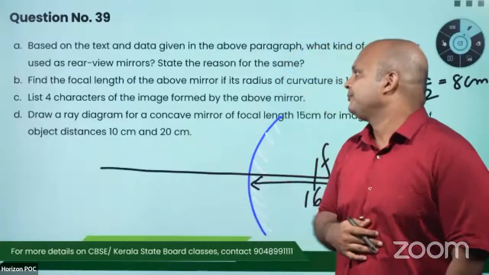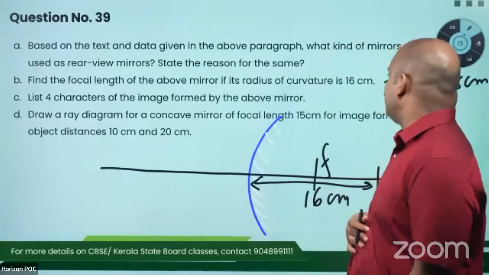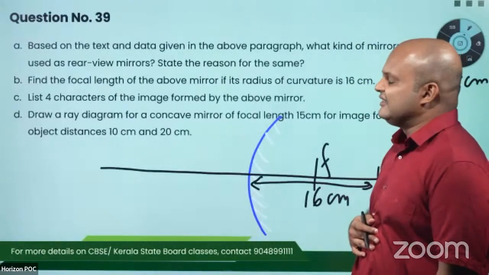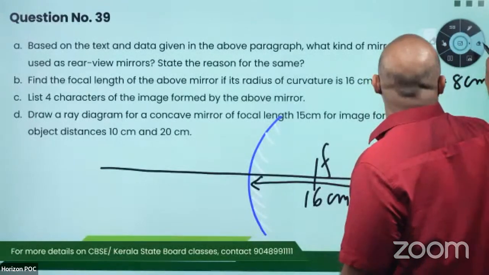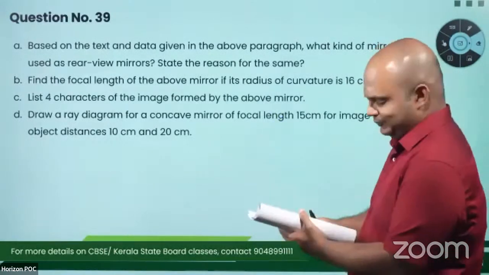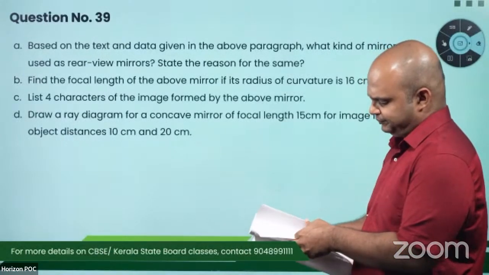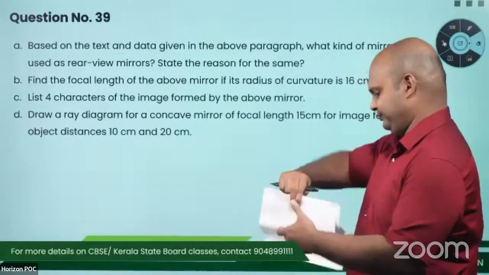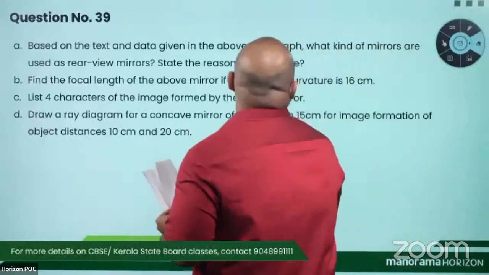Now, draw a ray diagram for a concave mirror of focal length 15 centimeters for the image formation of object distances 10 centimeters and 20 centimeters. Let's see how this is done. Okay.